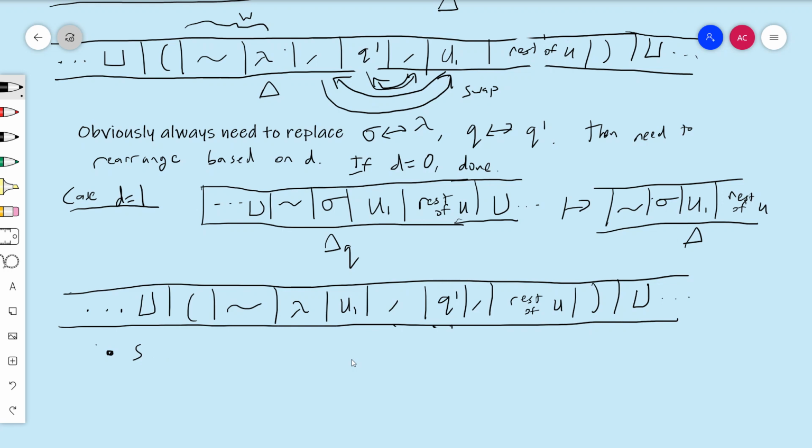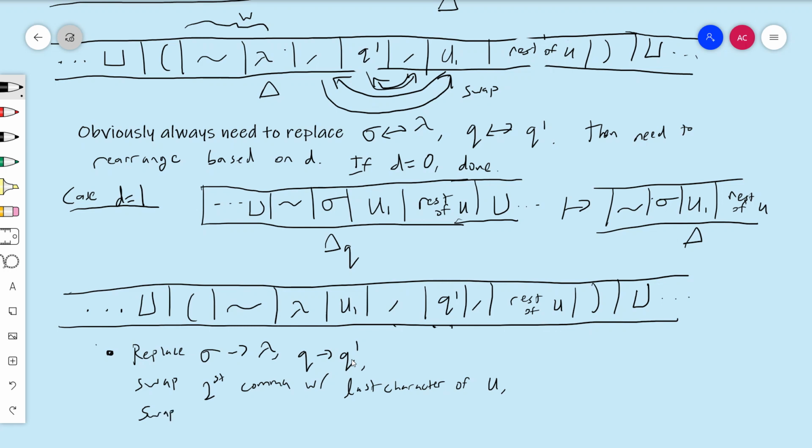So replace sigma with lambda, Q with Q prime, swap first comma with last character of U, and then finally swap Q with second comma.